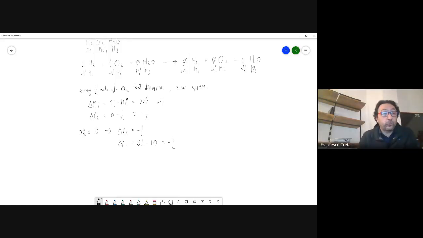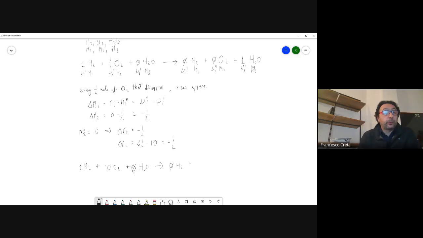For example, if I still have 1 mole of H2, plus 10 moles of O2, plus 0 moles of H2O, this hydrogen here will still be reacting with half a mole of oxygen to disappear completely, 0 moles of hydrogen.